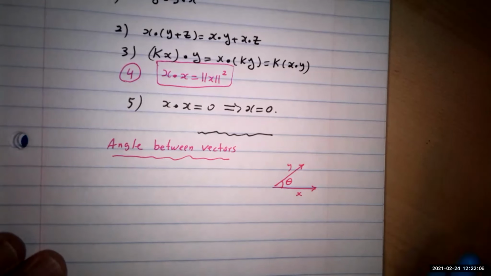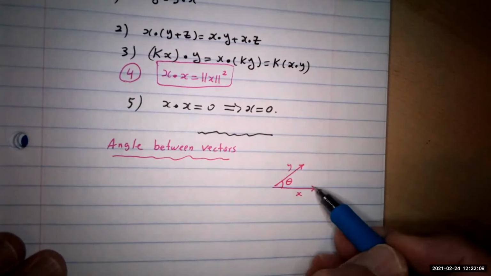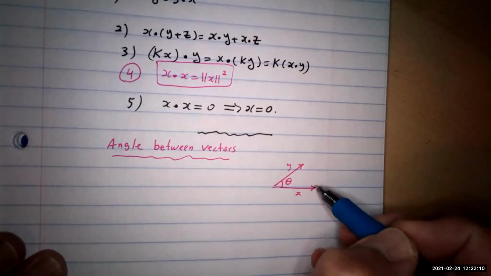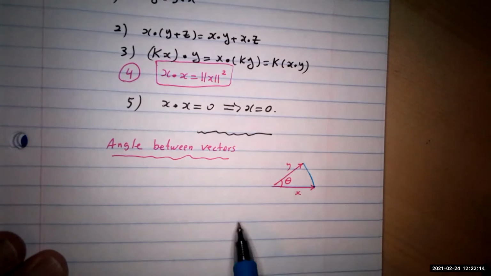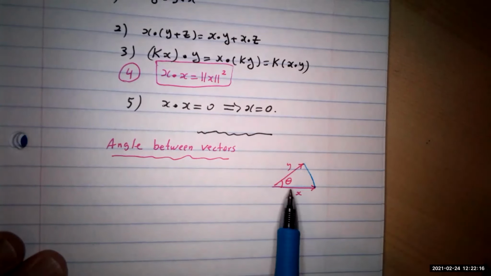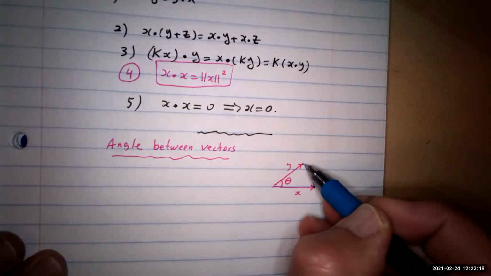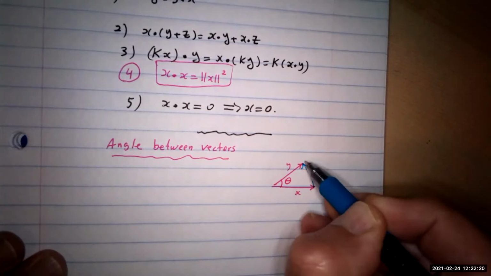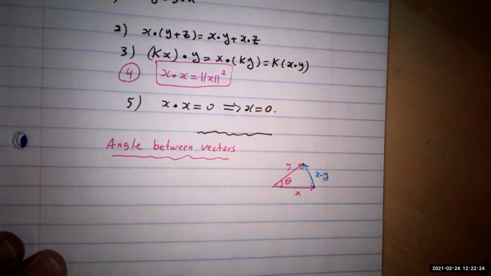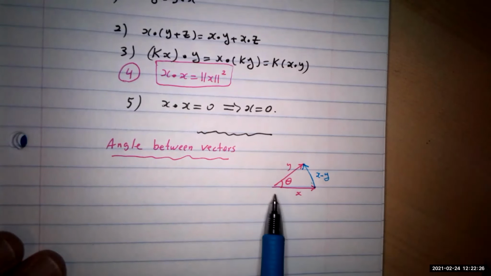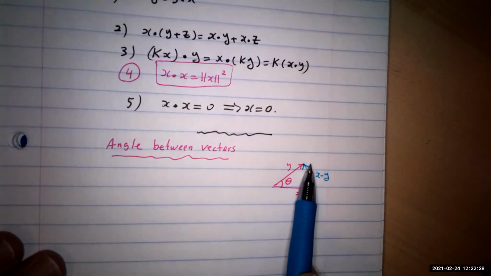So what we do is we are going to get this one. Remember, we talked about adding and subtracting. Since the directions are going to be different, this is how you end up. This part is going to be x minus y.